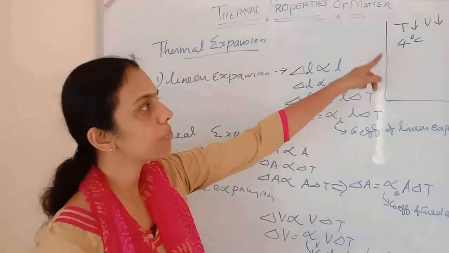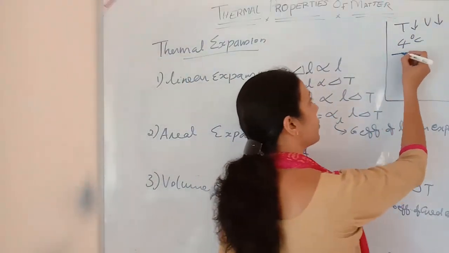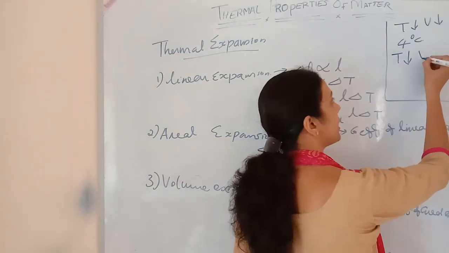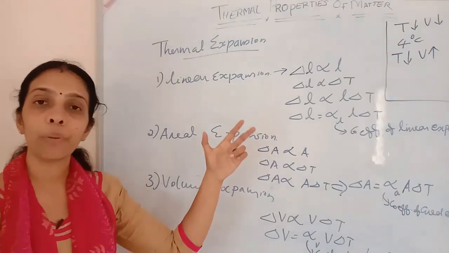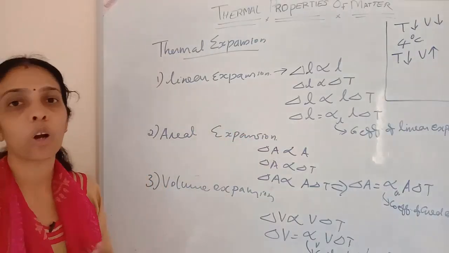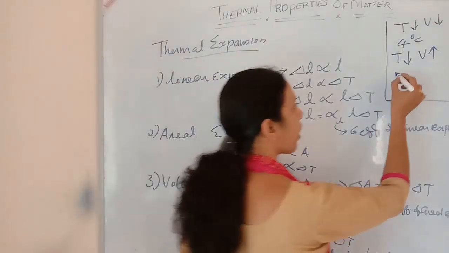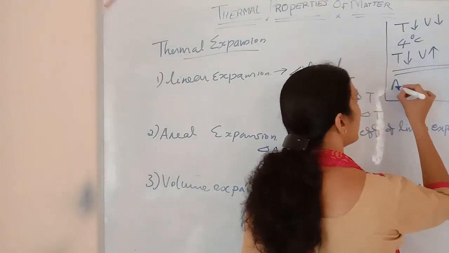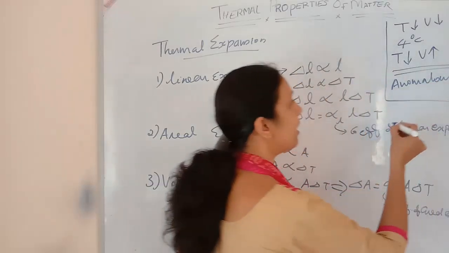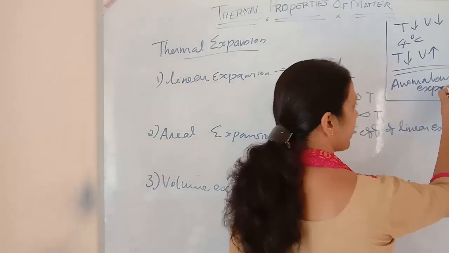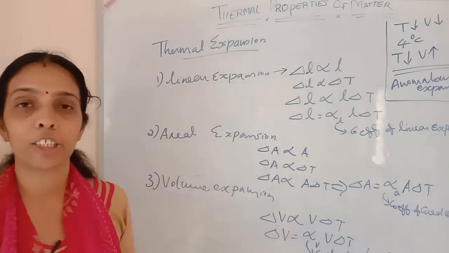After 4 degrees Celsius, if temperature decreases, volume will be expanding. It will not be compression, expansion will be happening. This behavior of water is called anomalous expansion. That is the reason the glass bottle breaks.